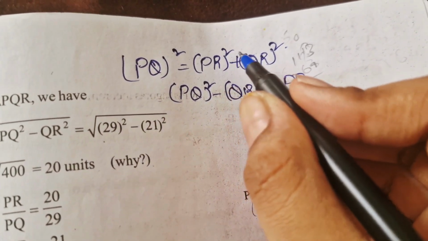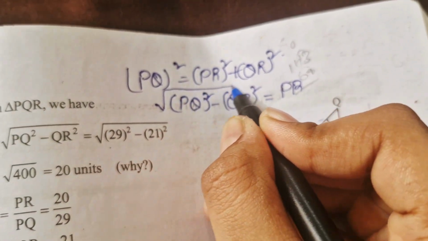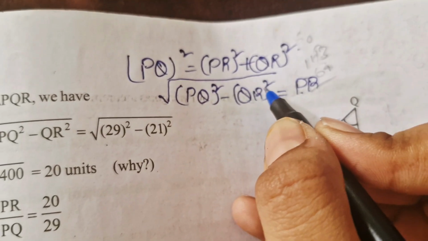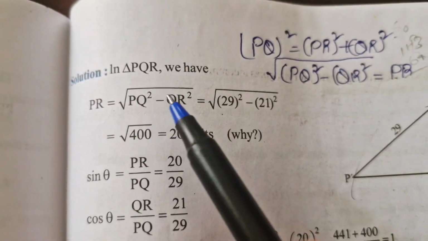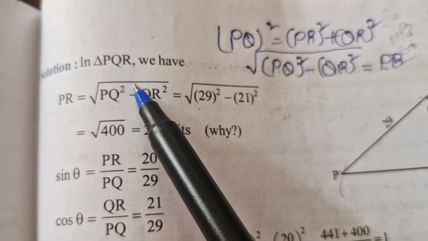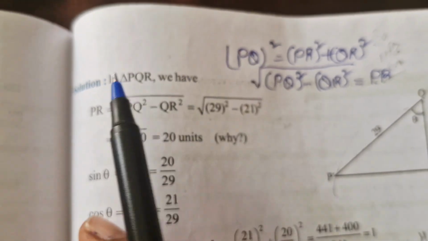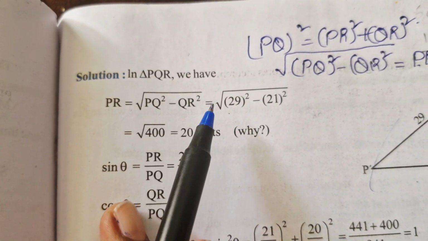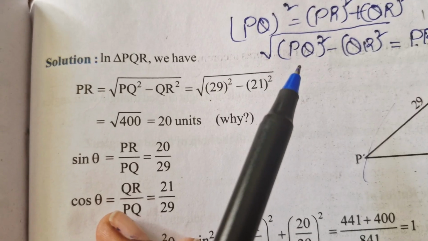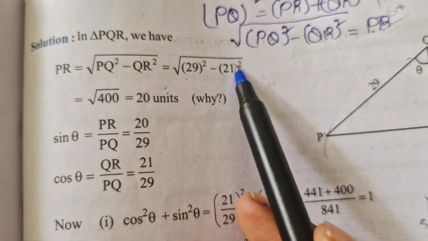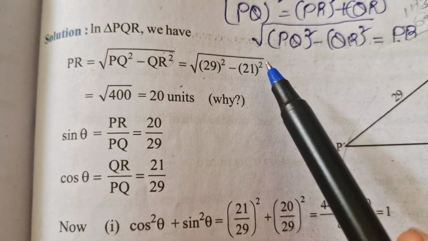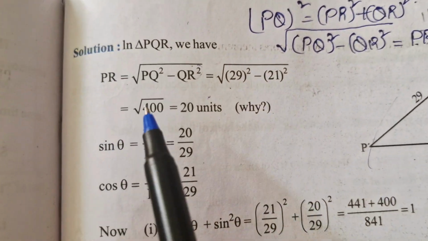We are sending the square to this side. So PR is equal to root over PQ whole square minus QR whole square, which is root over 29 whole square minus 21 whole square. They have given 29 and 21. We just have to substitute the given values. So let us do the next one.